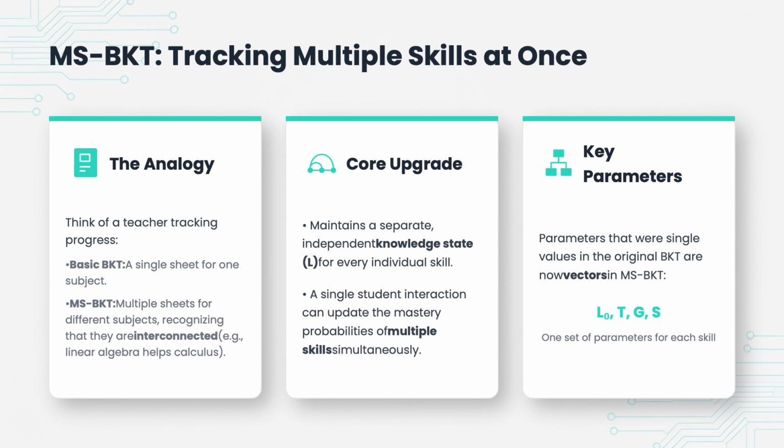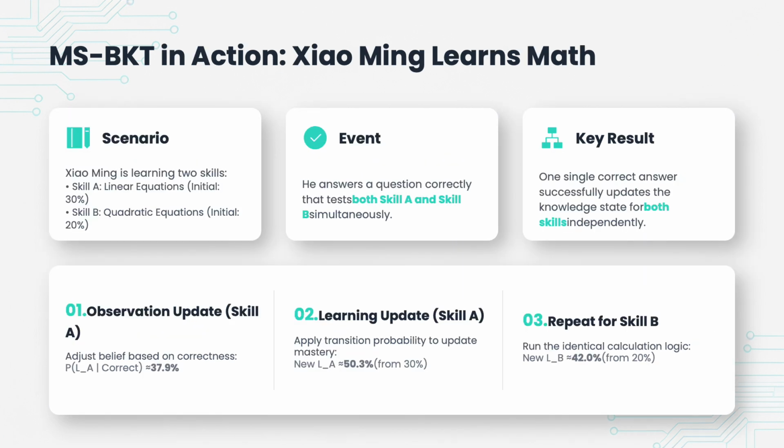Let's make this concrete with our friend Xiaoming. Suppose he's learning two math skills: linear equations and quadratic equations. Initially, we estimate he has a 30% chance of knowing linear equations and a 20% chance for quadratic equations. Now, he encounters a problem that requires both skills and gets it right.